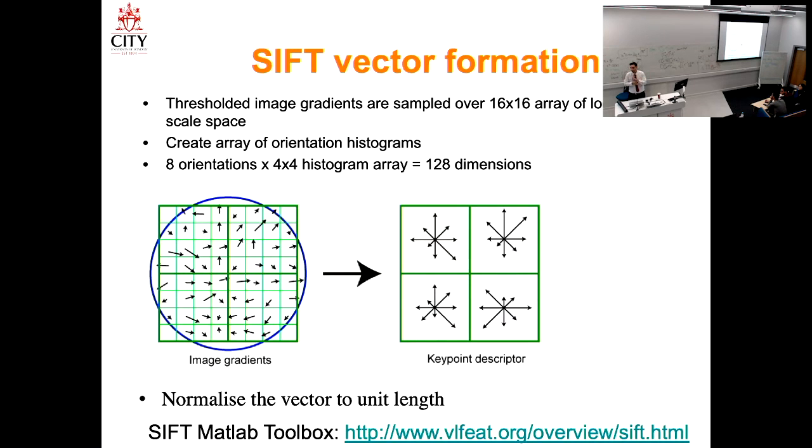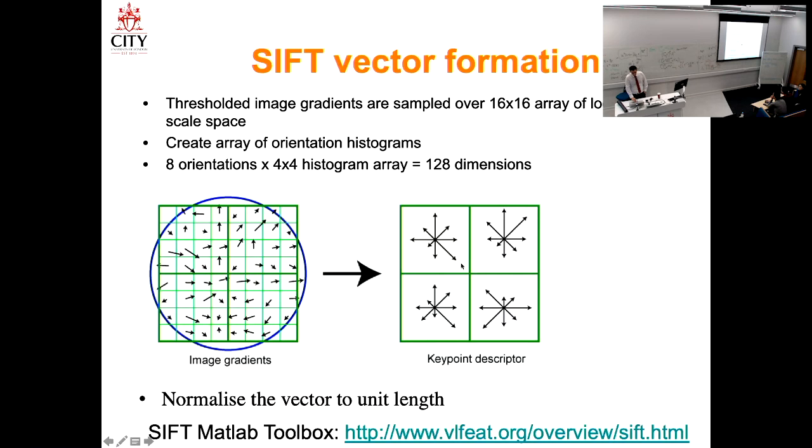You look at more details. So in MATLAB, there is no direct implementation of SIFT, but there is a toolbox, VLFeat, you can download, and it's a MATLAB toolbox, you can use that. The reason is SIFT is copyrighted, so there is a better way to do it. We will get to that.